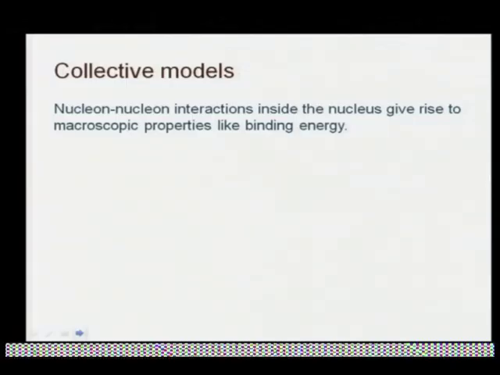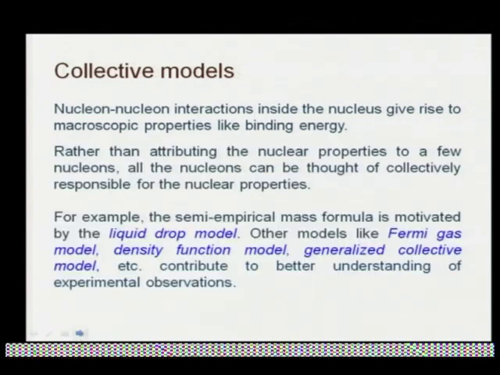Say, for example, the liquid drop model. In fact, when we discussed the semi-empirical mass formula, we had somewhat considered this kind of a nucleus, a kind of uniform distribution. We did not really talk about the nucleons inside, the finer details.